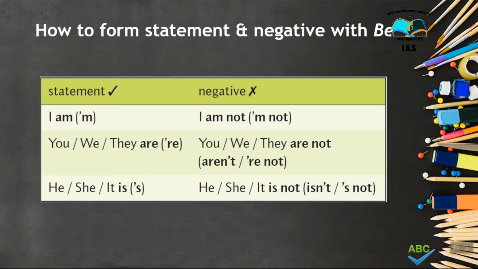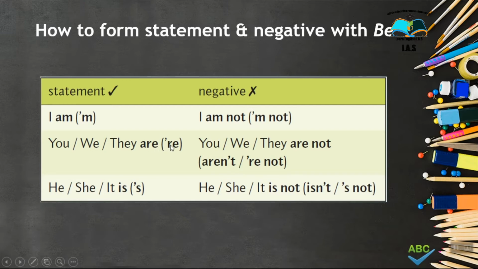How to form statements and negatives with be. We form the statement by using subject plus to be, like I am. If the subject is you, we, or they, we use are. For example, you are, we are, and they are.